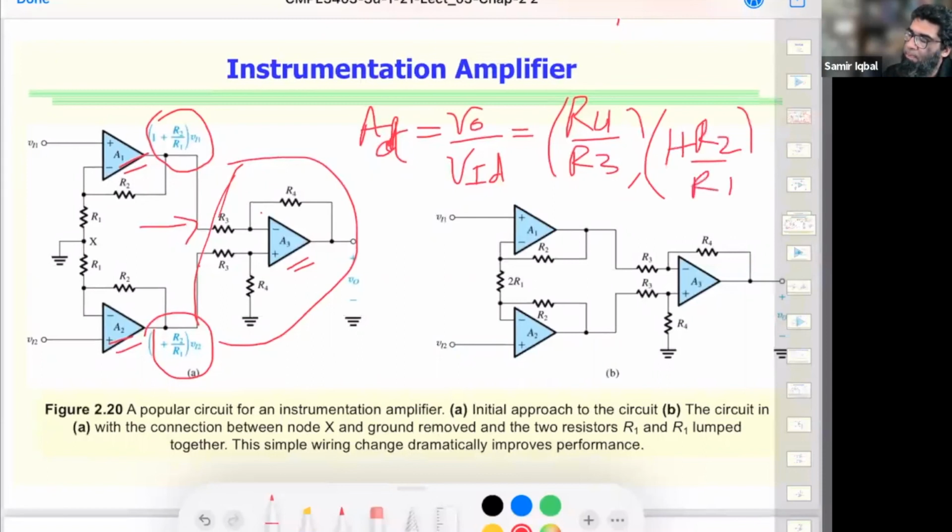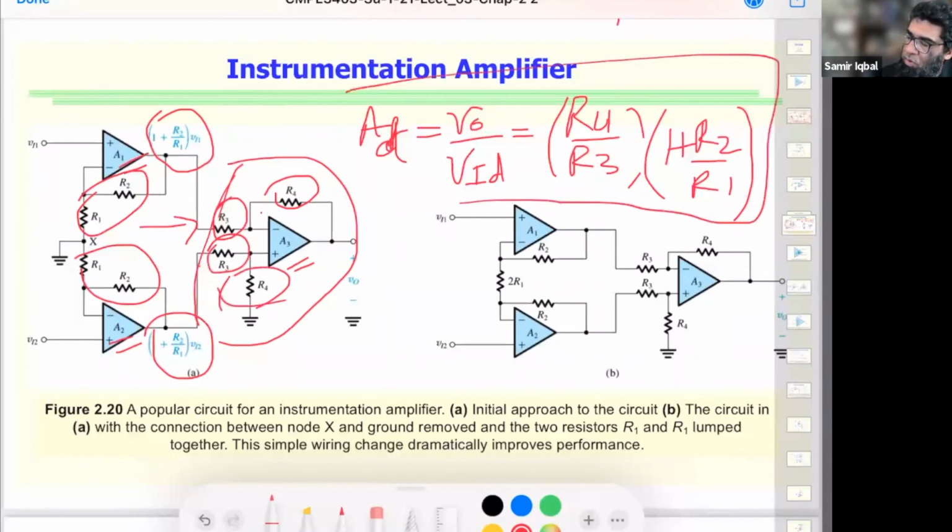So our choice of these resistances and these resistances, of course they're the same resistances in other places, is what will give us control over the differential gain for an instrumentation amplifier.